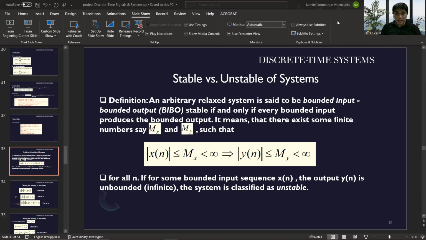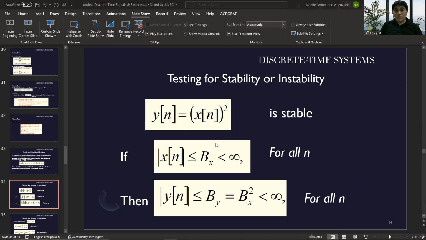So for all n, if for some bounded input sequence x(n), the output y(n) is unbounded, infinite, the system is classified as unstable. So this is an unstable system. Let's test for the stability or instability of a system.